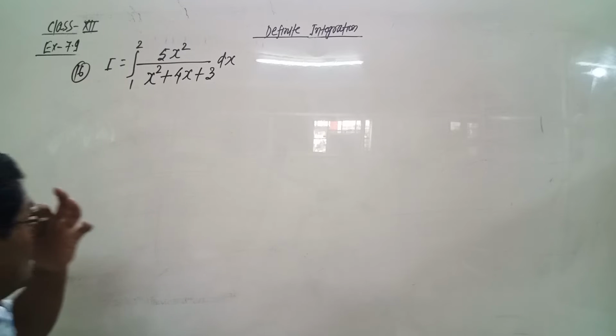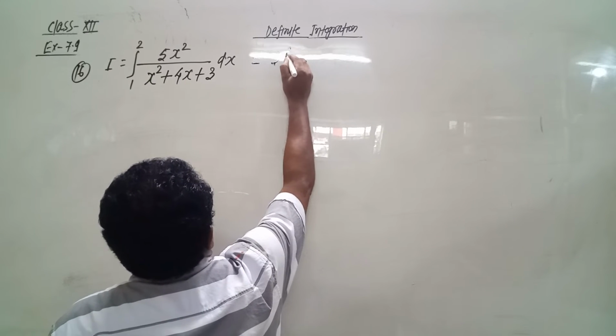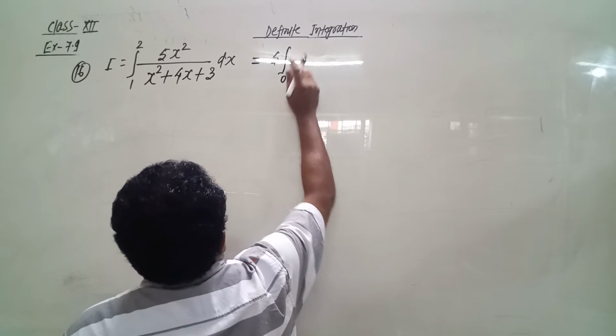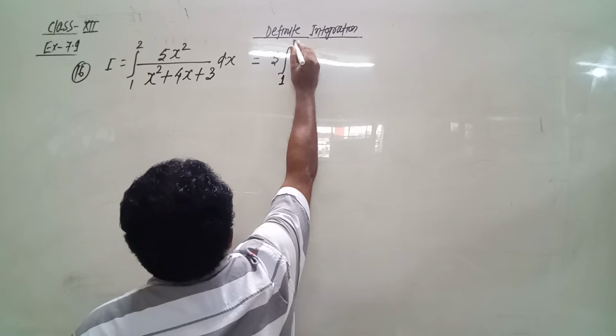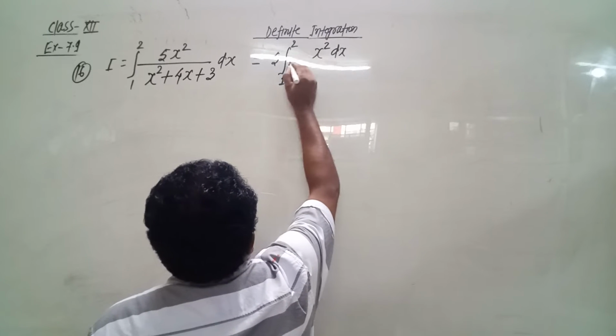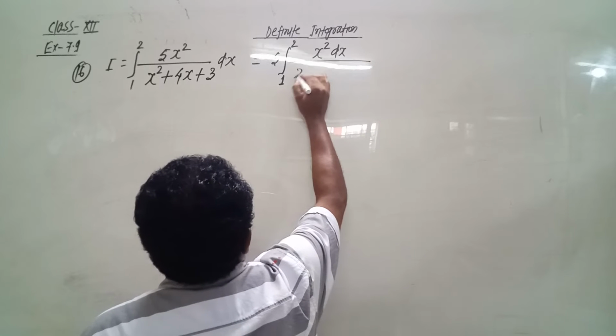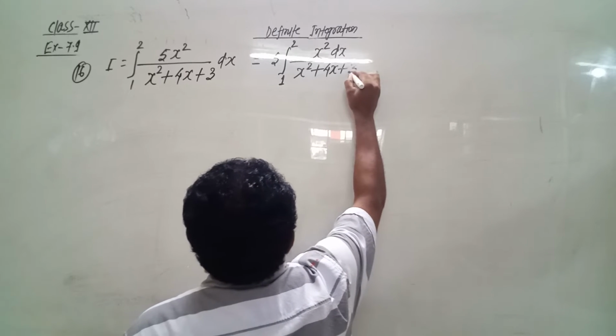So we can write this with 5 taken outside: 5 integration, limit from 1 to 2, x square dx upon x square plus 4x plus 3.